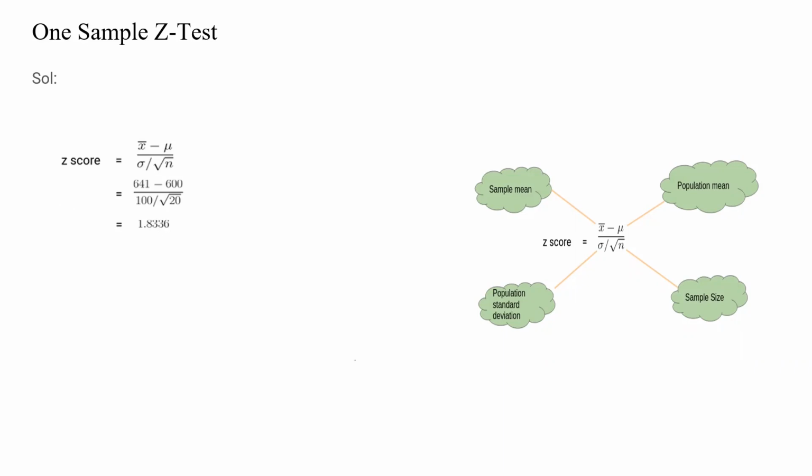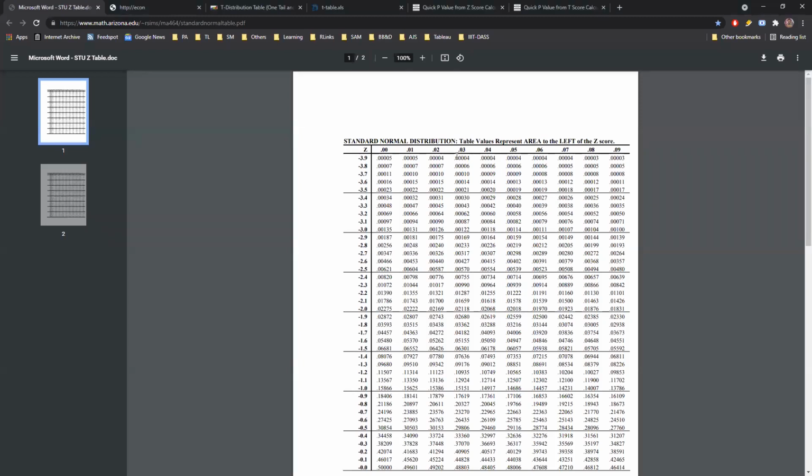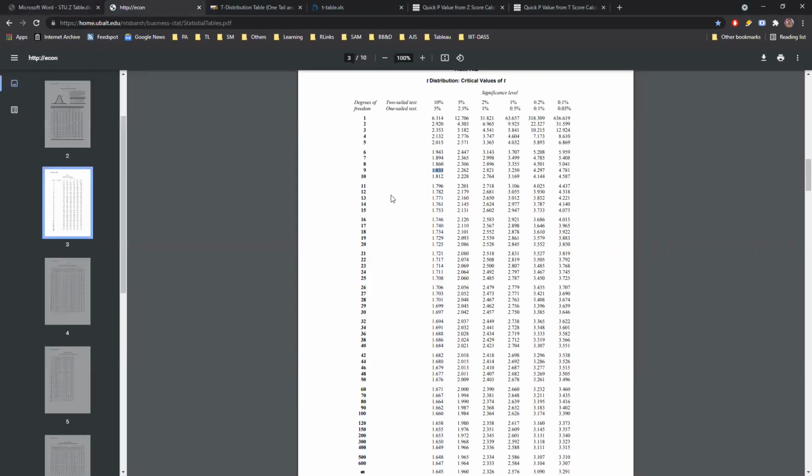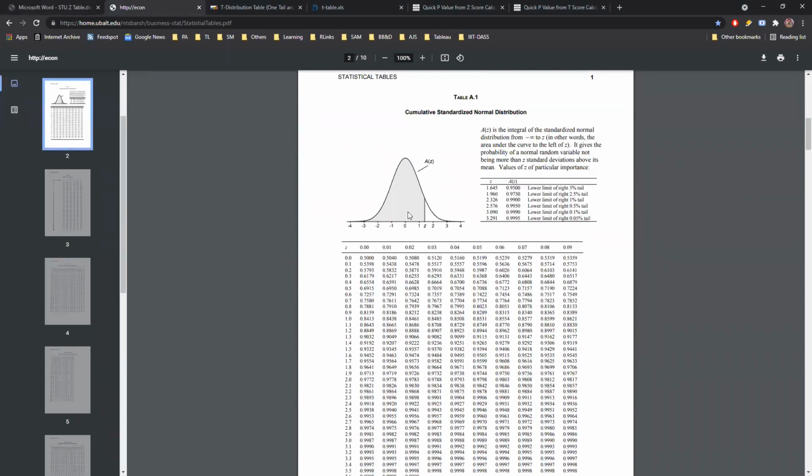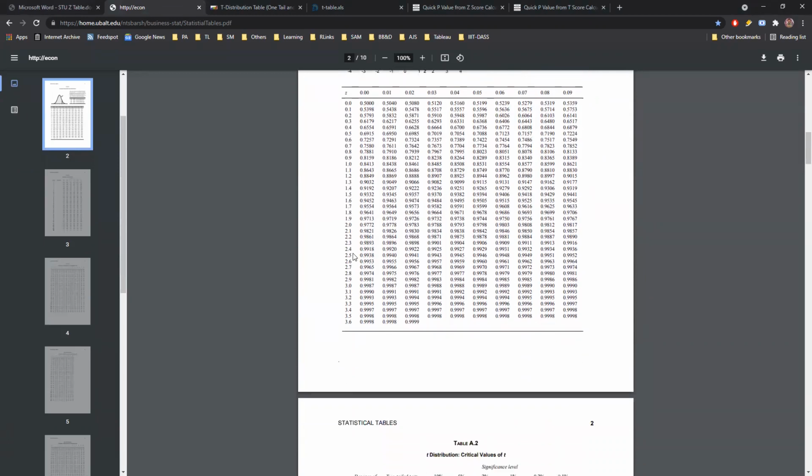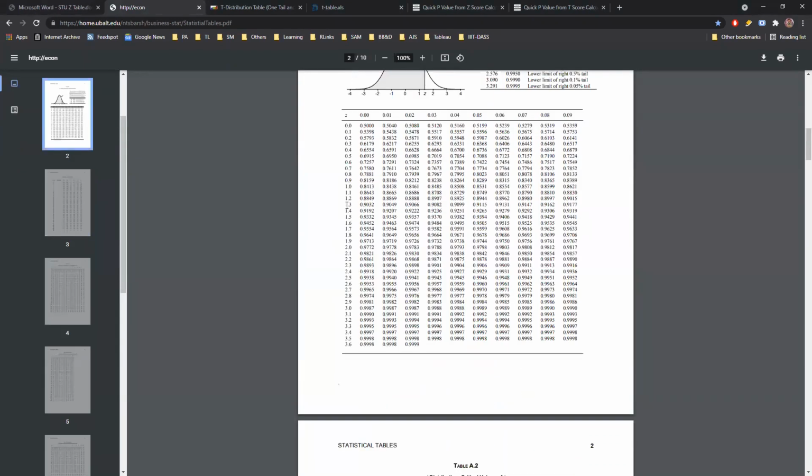First, let's see how we calculate the p-value. For that we take help of something called z distribution tables. These are statistical tables. Let me share those first. Remember, our z-score is 1.8336. This is the z distribution table, and we will identify the one-tailed distribution and navigate to 1.8.